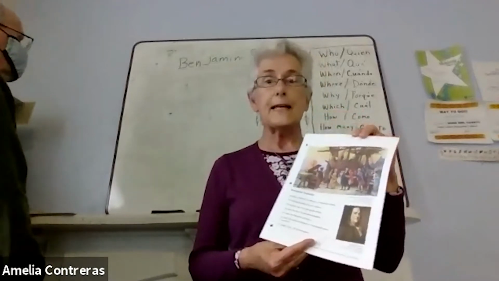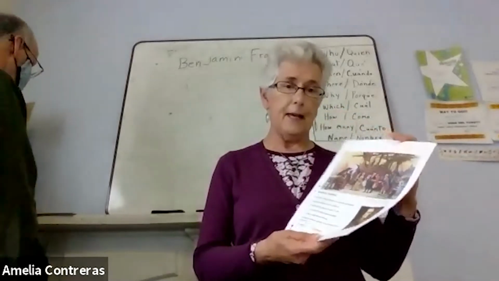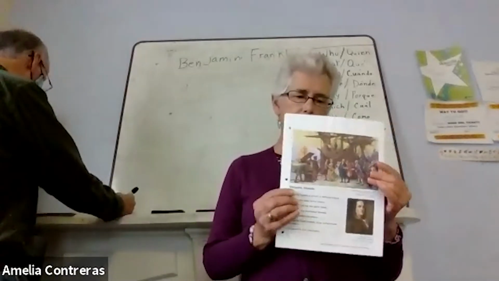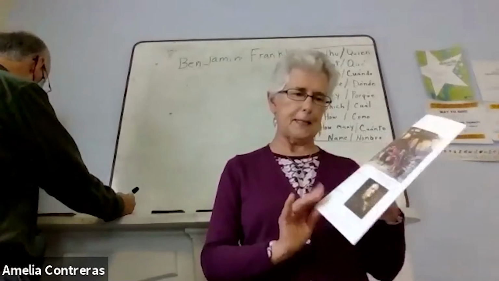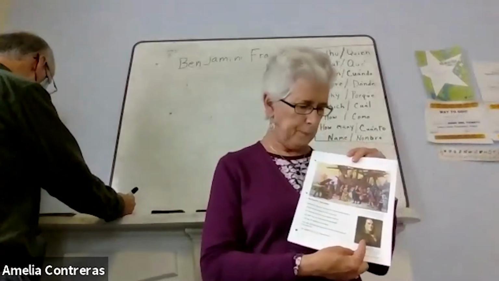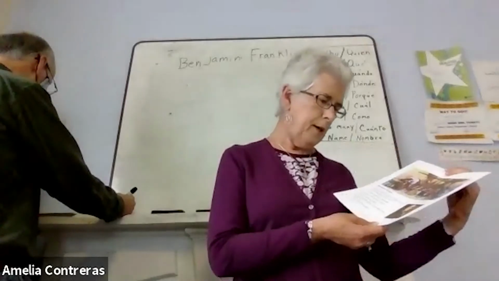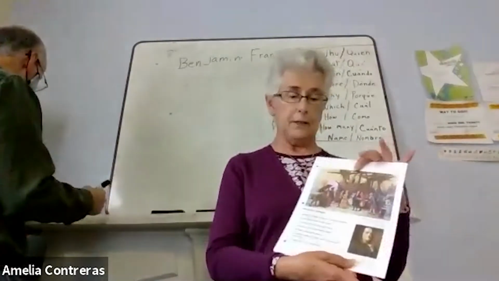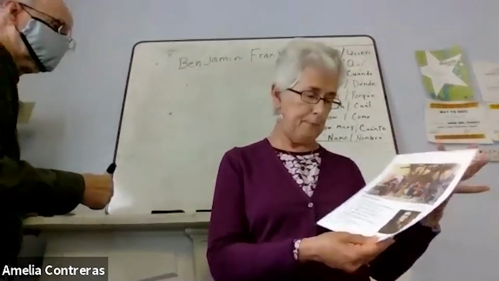So here it is, 1787, and it's time for them to write a new constitution for the United States. Below is another picture of Benjamin Franklin, and that is at the Library of Congress in Washington, D.C.